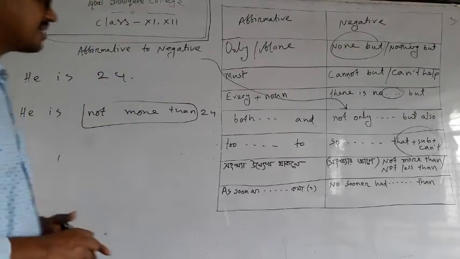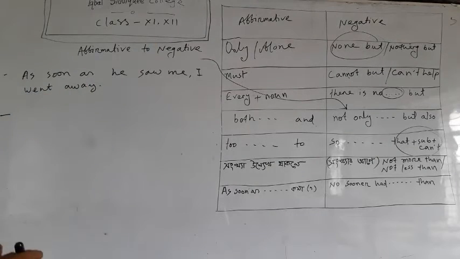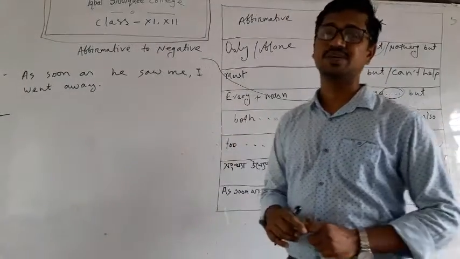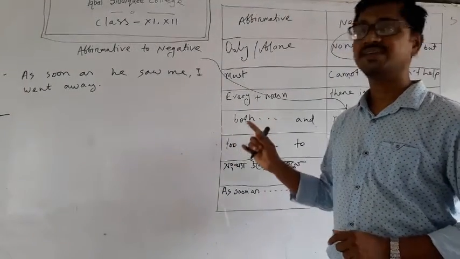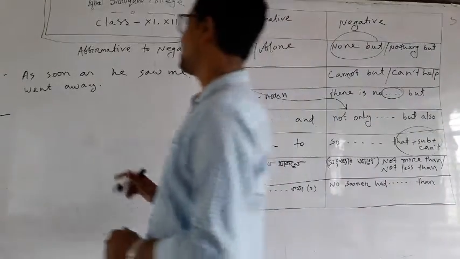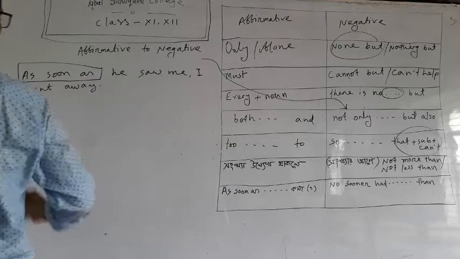And there is another term, "as soon as", comma. Okay? As soon as he saw me, I went. Look at the sentence. It's a degree sentence, students, mind it. So let's make it negative. Here "as soon as" is a positive degree.